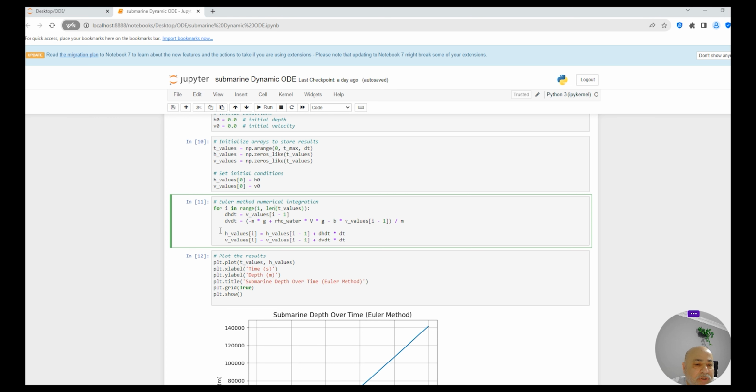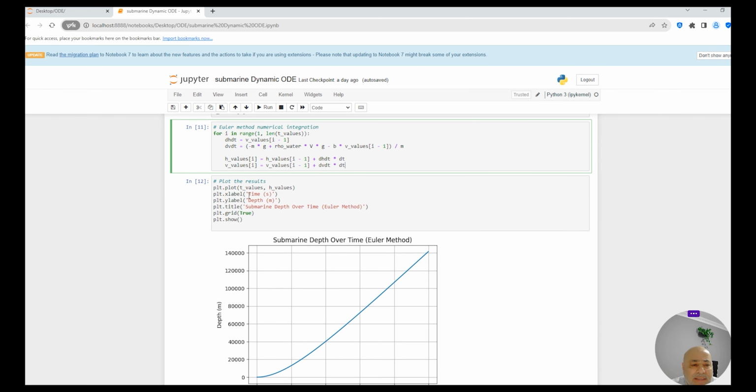And of course, then I wanted to update the values by multiplying dh by the time step, which is 0.1, and adding it to the previous value. I did the same for the V values, and it's exactly the same way we extract and update our H value and V value.